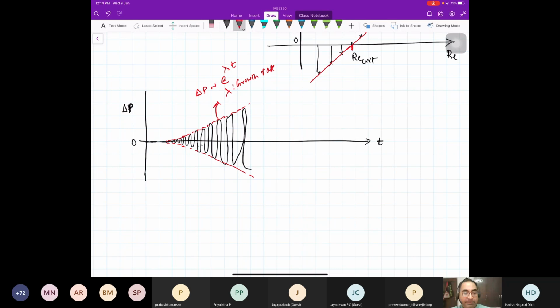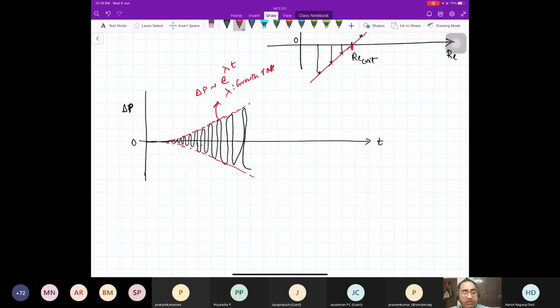The fundamental simple reason why it cannot be sustained any further is because where is the energy coming from for this growth? It is coming from the fluid itself. The flow, the wind itself, when the wave is growing, it is sucking the energy from the surrounding air. So the surrounding air is losing some of its kinetic energy, and it's giving it to these disturbances.